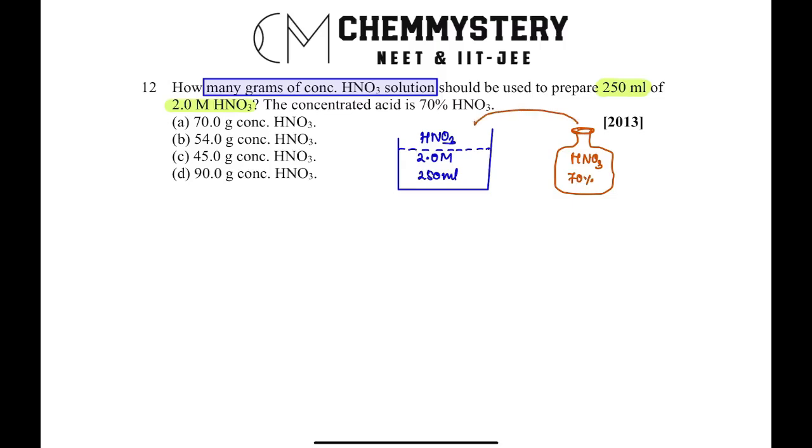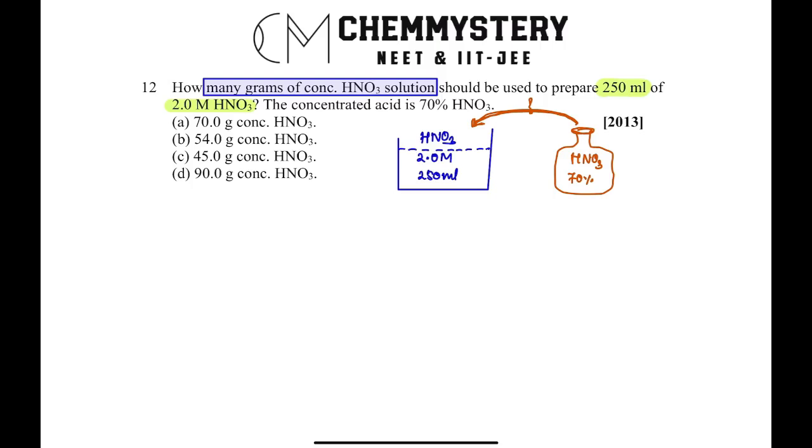How much gram are you going to take from the stock solution so that you can prepare the solution whose strength is 2 molar and volume is 250 ml? This we need to find out. So how many grams do I need to take out? First I need to find out how many grams are present in the solution that I am going to prepare.